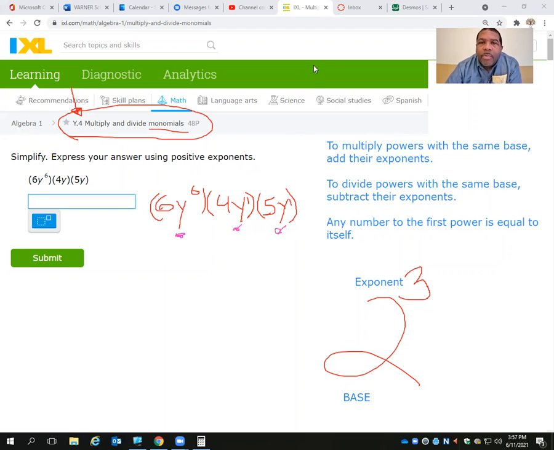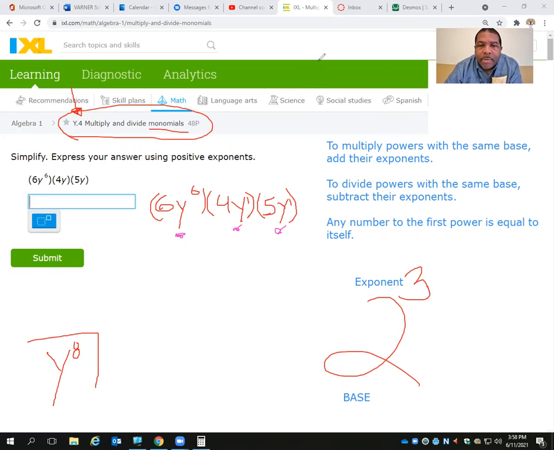Okay, so we have 6 plus 1 plus 1, so 8, right? All right, so I know it's going to be y to the 8th. I'm just going to put this here in the parking lot so I don't forget that y to the 8th, okay?